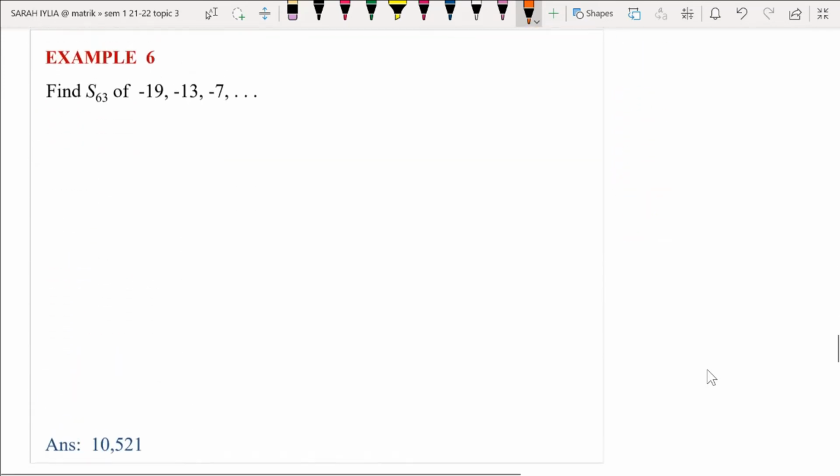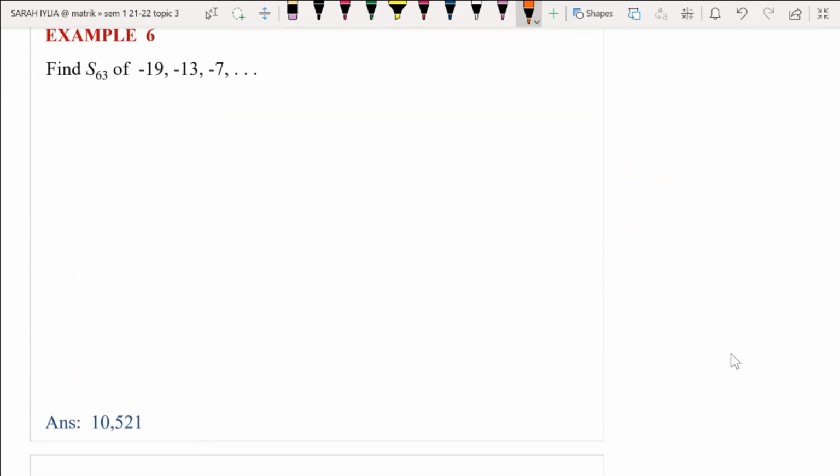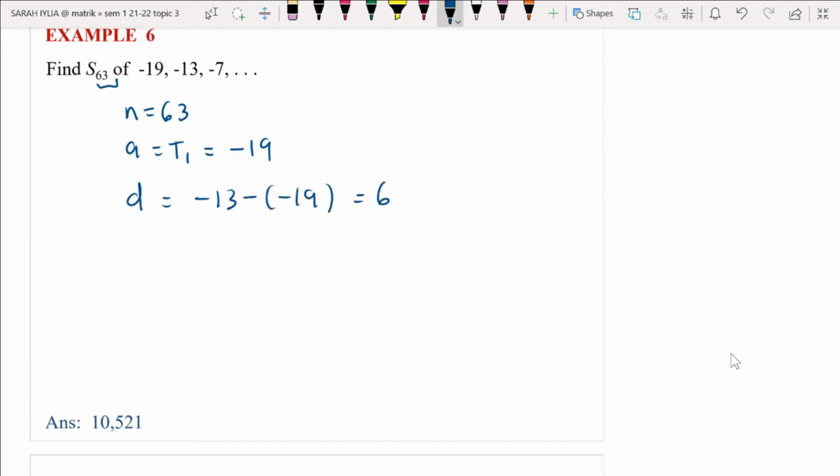Kita terus pergi example 6. We have to find S63. So, nampak dah S kita tahu dah kena cari sum lah kat situ. Okay, in this case, our N is 63. A, or our first term, negative 19. And then last one, D, or our common difference, would be 6. Second term minus first term. Jangan terbalik. So, from here straight away substitute one by one into our formula.